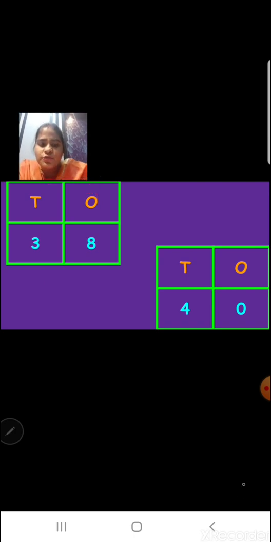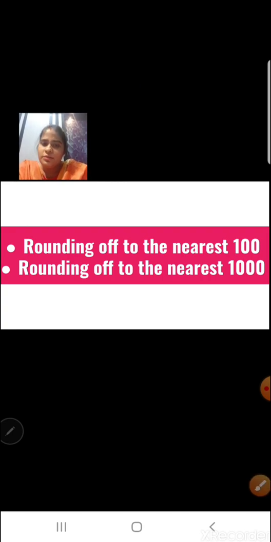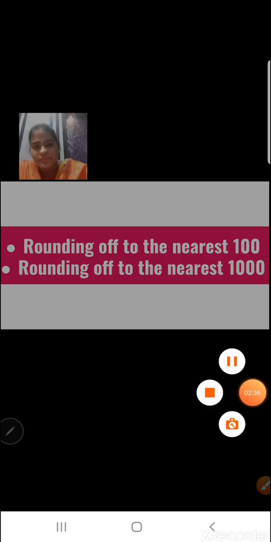Now, let us move forward and learn how to round off a number to the nearest hundred and thousands. Children, we are going to round off a number to the nearest 100 with the help of rules. The first rule says, if we want to round off a number to the nearest 100, look at the digit at the tens place.